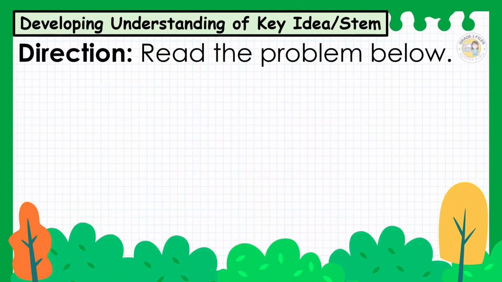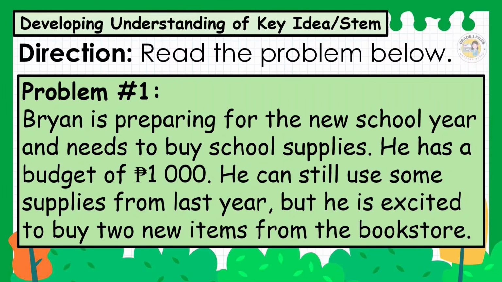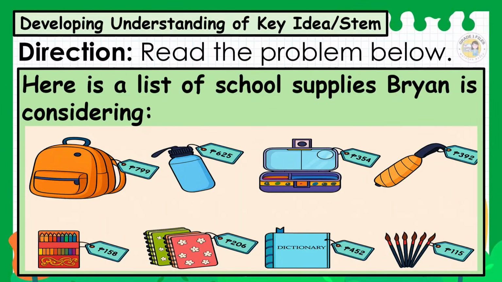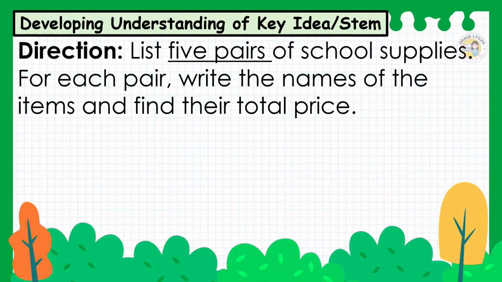Let us read the problem below. Brian is preparing for the new school year and needs to buy school supplies. He has a budget of 1,000 pesos. He can still use some supplies from last year, but he is excited to buy 2 new items from the bookstore. List 5 pairs of school supplies.